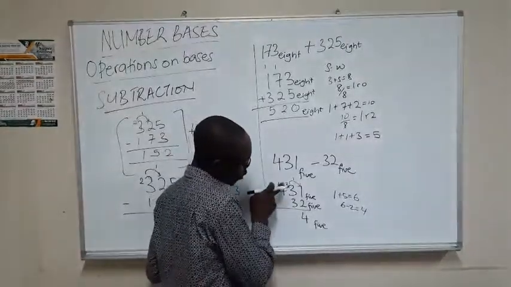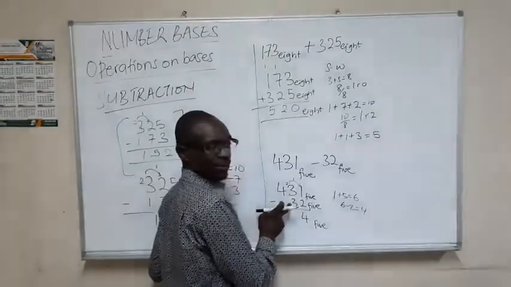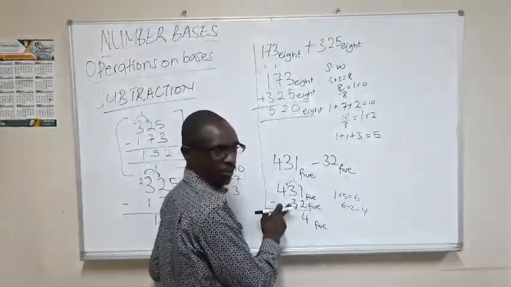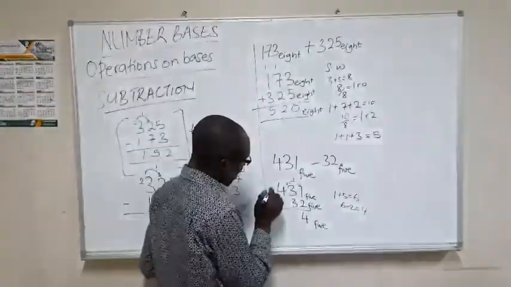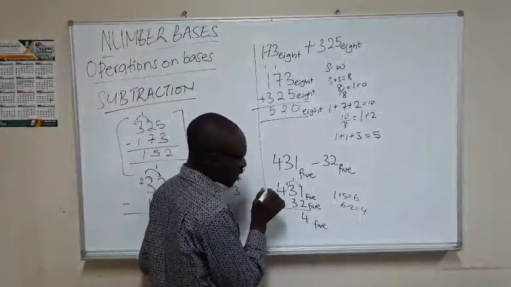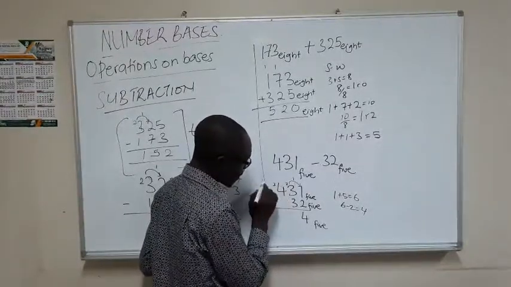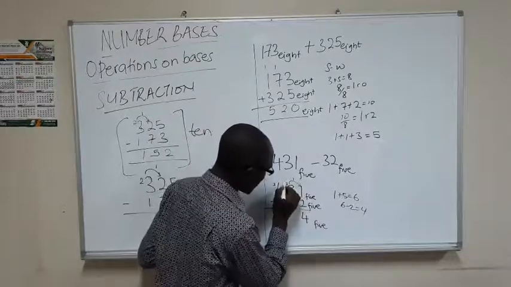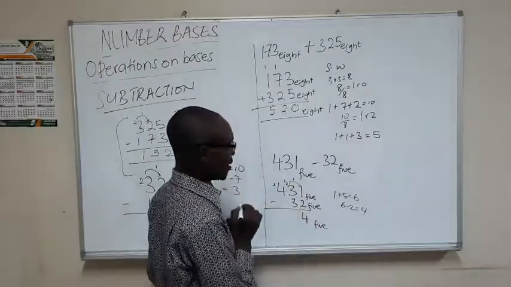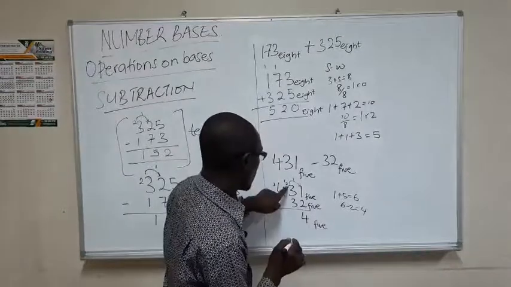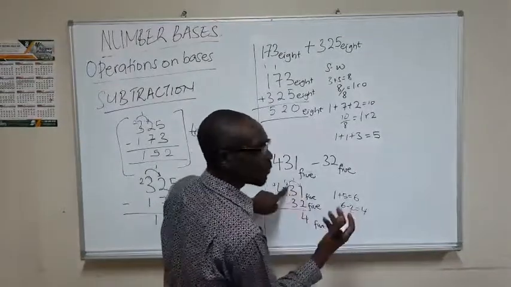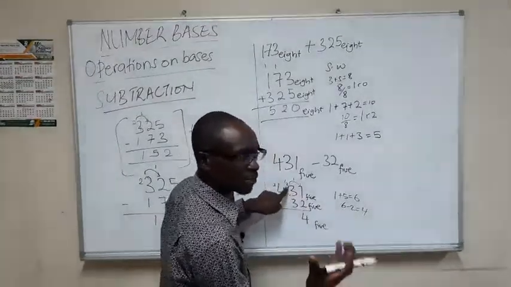Now I come here. 2 minus 3 is also impossible. We don't need negatives. I also borrow a 1 from this 4. If I remove 1 from a 4, here I get 3. And this 1 is now coming here. Before, here we had 2. We are adding a 1, but a 1 is of magnitude 5.